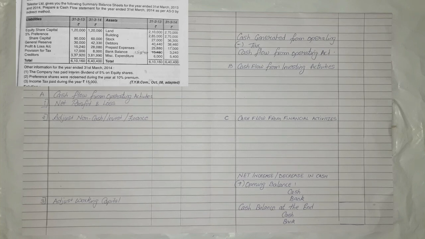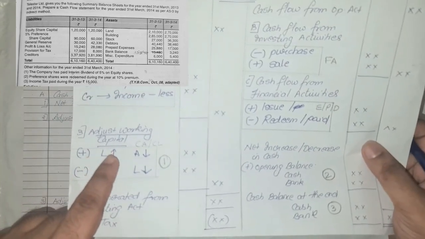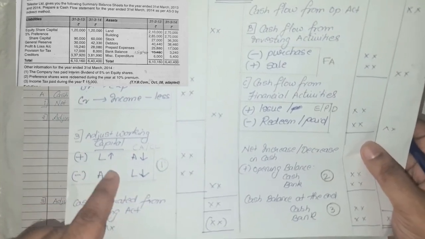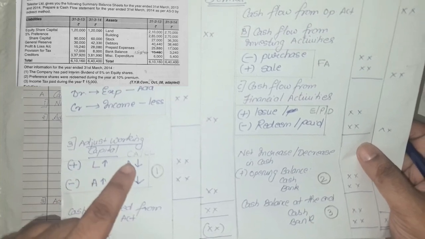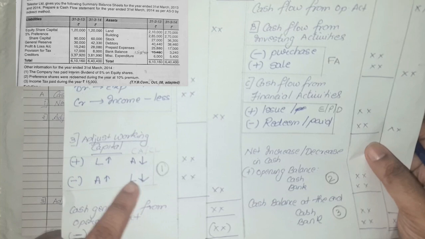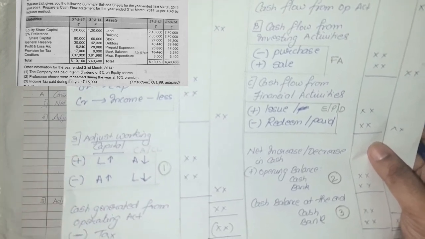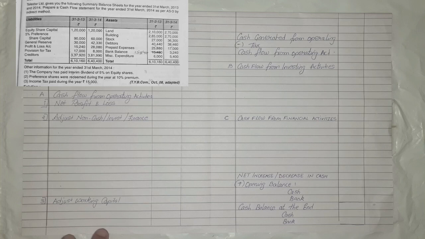First, under working capital, remember the rules for working capital which we had done before. We follow the rule LAAL: increase in liability and decrease in asset will be added, increase in asset and decrease in liability will be less. Based on this we are going to solve the sum. Now if you look into the question, let us find which current assets are available.